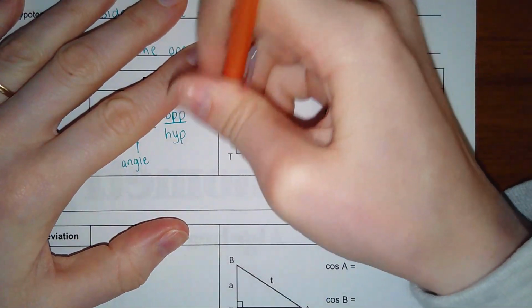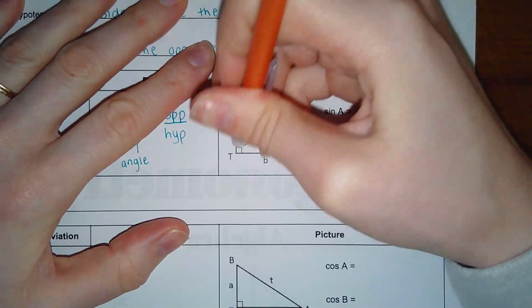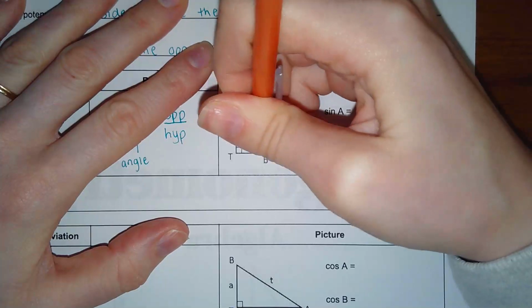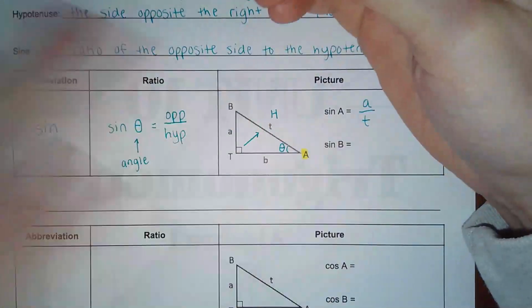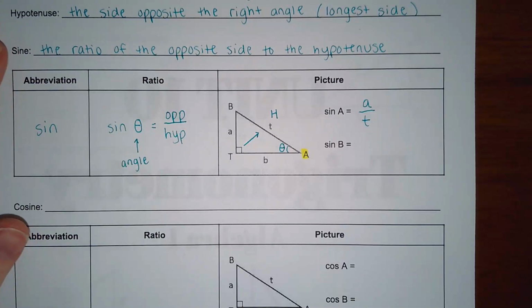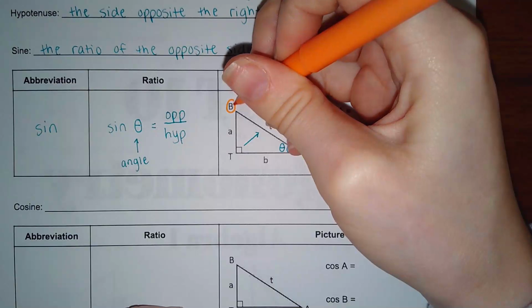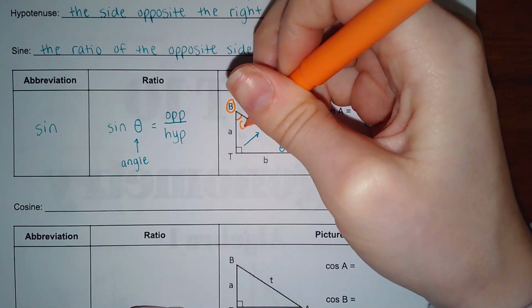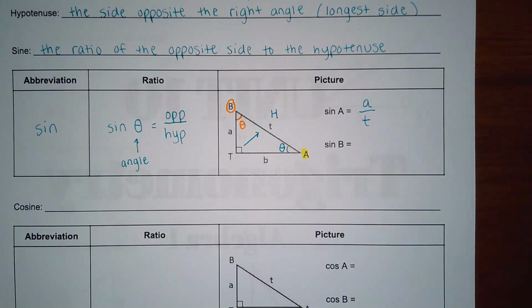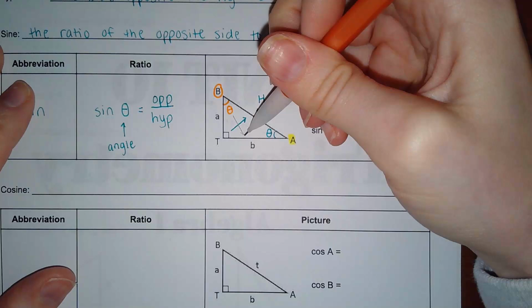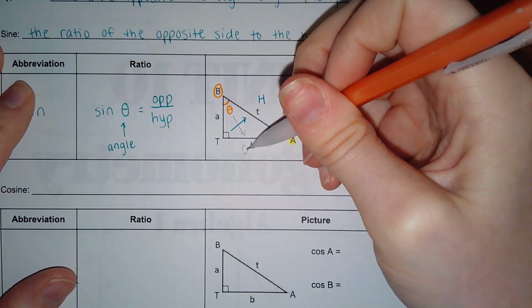Now, if I change angles, and if I look at angle B, what that means is the opposite side will change. Now, the nice thing is the hypotenuse doesn't change. So now if I look at angle B as my theta, and if we go opposite that, opposite angle B here, this would become my opposite side.